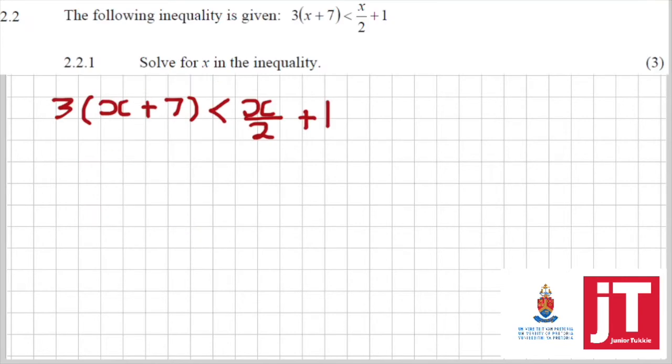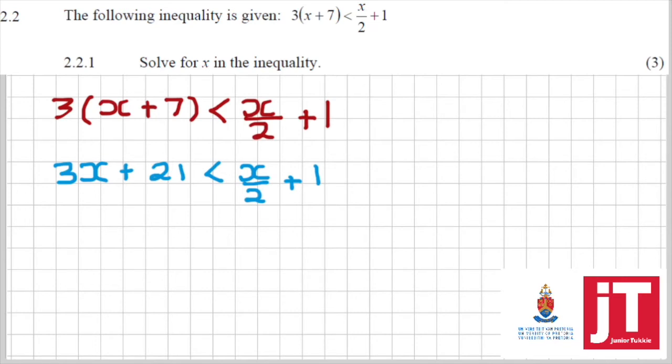We proceed. You are given that inequality where you're told to solve for x. So the first thing is to remove brackets on the left-hand side. So we're going to have 3x plus 21 less than x over 2 plus 1. Thereafter, you're dealing with a fraction.